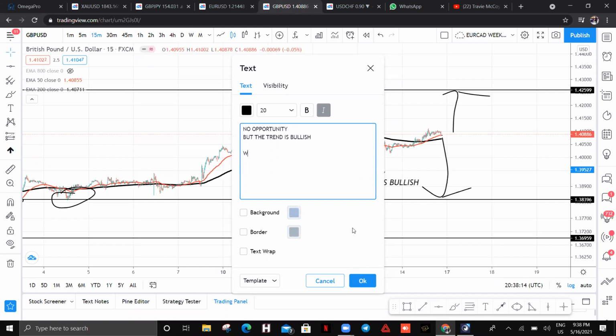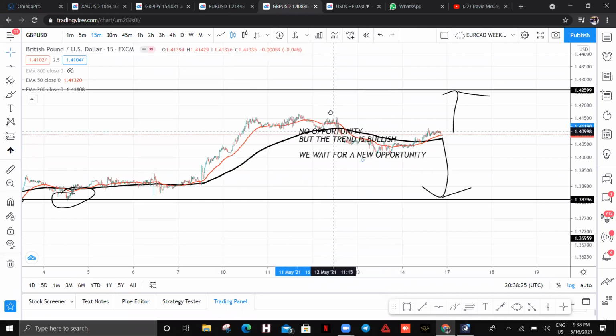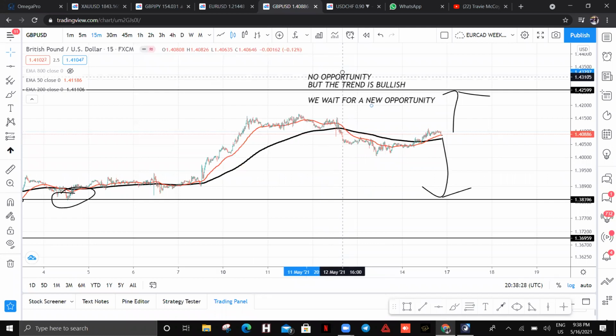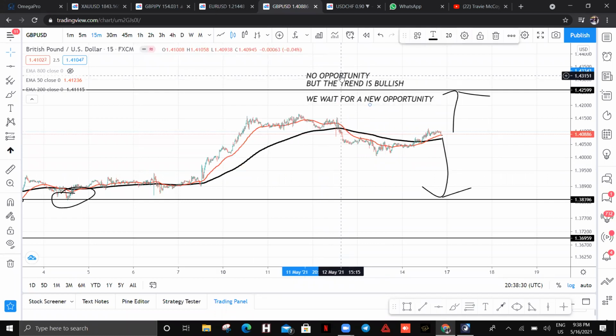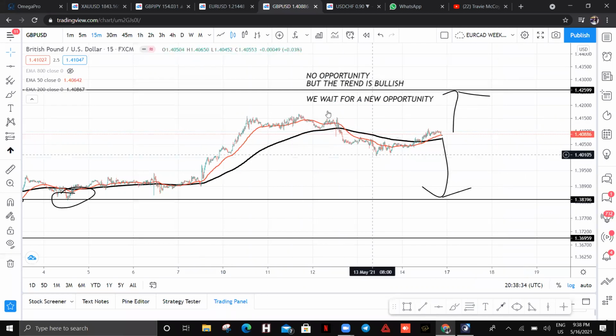So we wait for a new opportunity. So that is it for GBP USD. We will wait for an opportunity to present itself. For now, we'll come back to it.